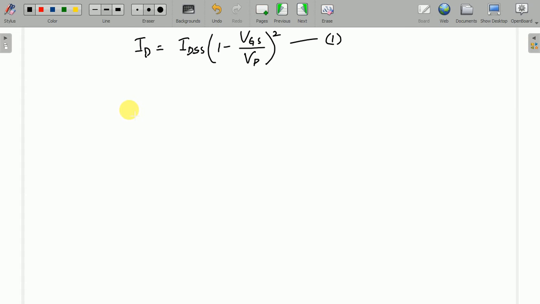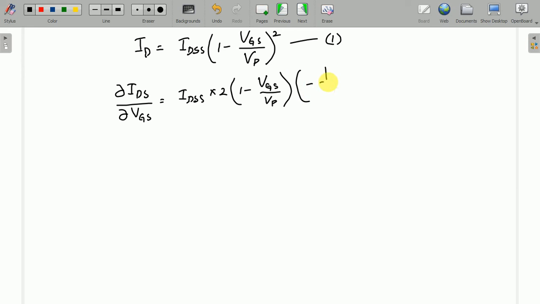For this purpose, let us differentiate the equation with respect to VGS. So delta ID, or IDS, they are the same, divided by delta VGS will be equal to IDSS multiplied by 2 into (1 minus VGS by VP) multiplied by minus 1 by VP.